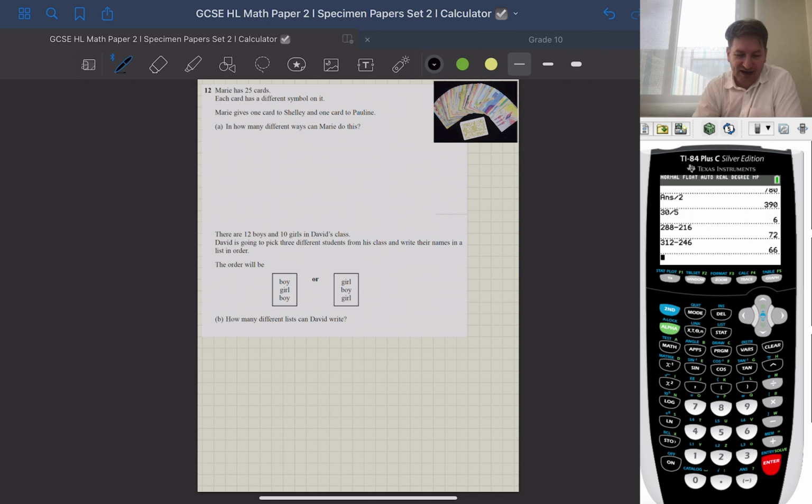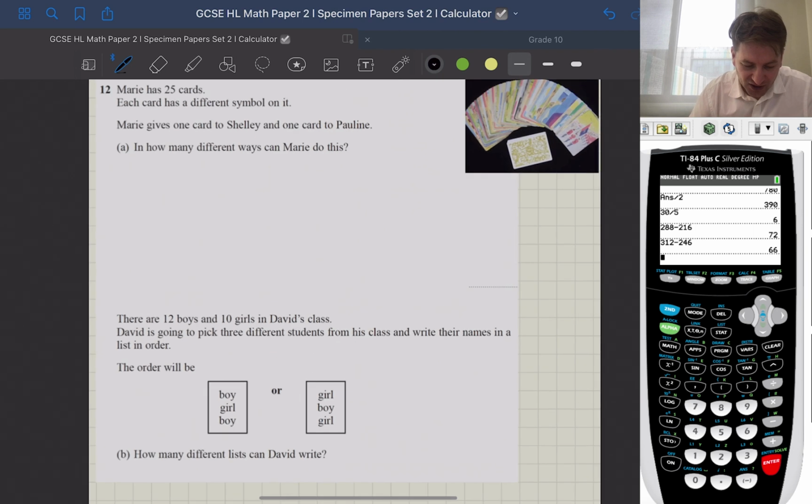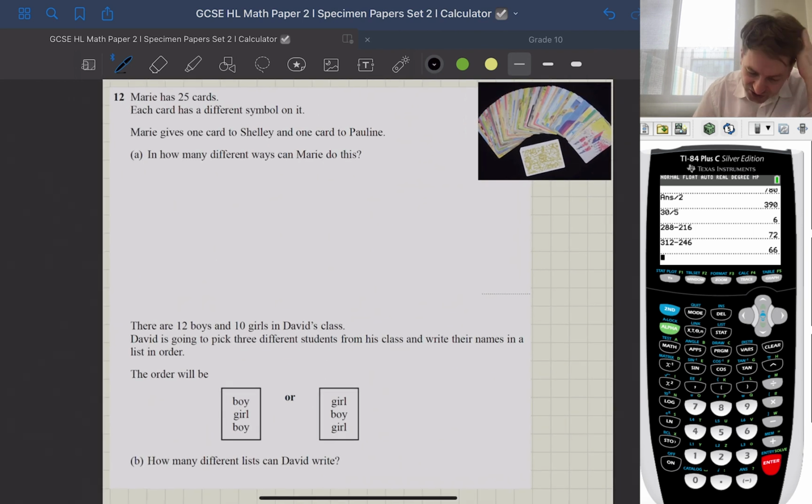All right, Marie has 25 cards. Each card has a different symbol. She gives 1 card to Shelley and 1 card to Pauline. How many different ways can she do it? So when she has 25 cards, she can give 1 of those 25 to Shelley, but then she would have to give Pauline 24 because she already gave 1 to Shelley, if you know what I mean.